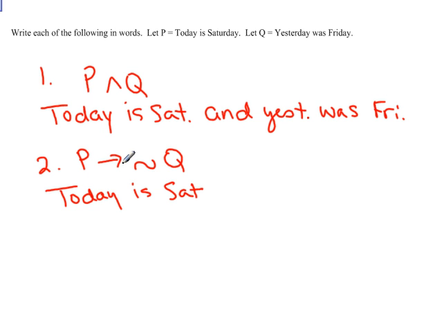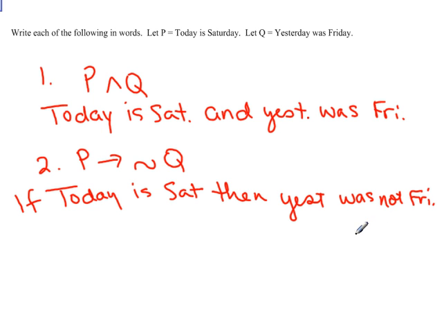The arrow means if then, so you've got to put an if in front, and when you see the arrow you would put the word then, and then not Q means to negate Q, so instead of saying yesterday was Friday, say yesterday was not Friday. So that statement would be, if today is Saturday, then yesterday was not Friday.